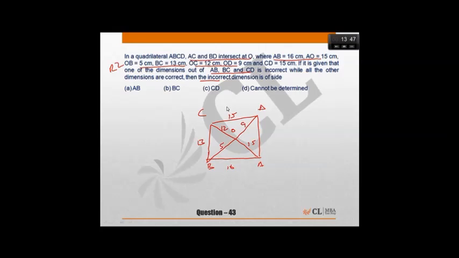It is given that one of the dimensions out of AB, BC, CD is incorrect while all others are correct. Then the incorrect dimension is of which side?